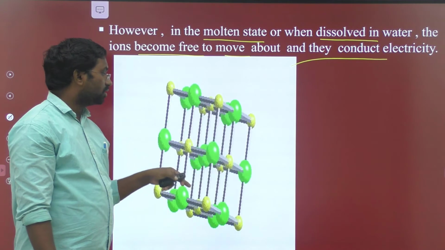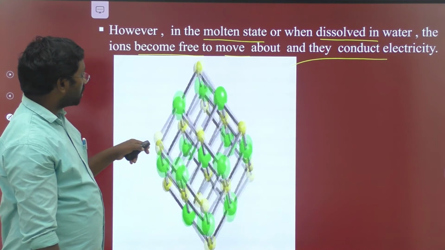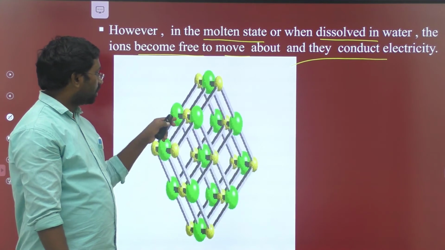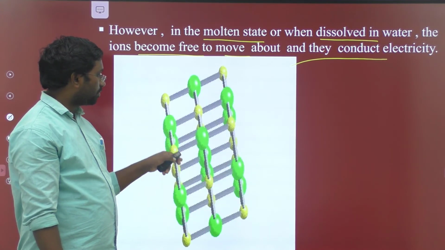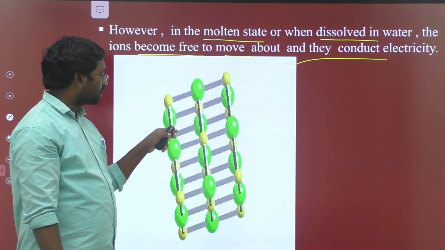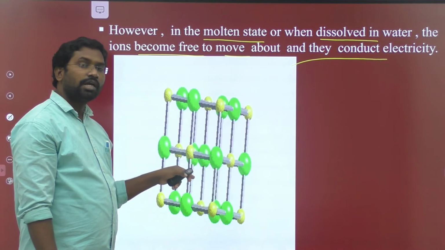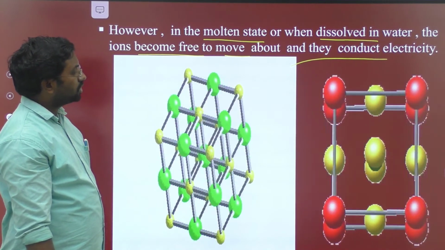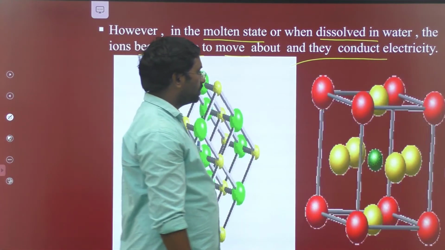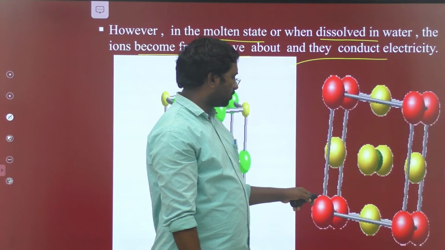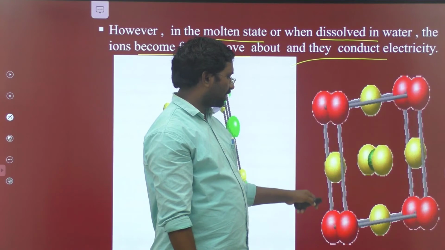Look at this image: the ions present in an ionic solid are arranged in a three-dimensional manner. This is a three-dimensional view of an ionic solid. Now look at another image of an ionic solid, where some of the ions are represented with yellow color and red color.